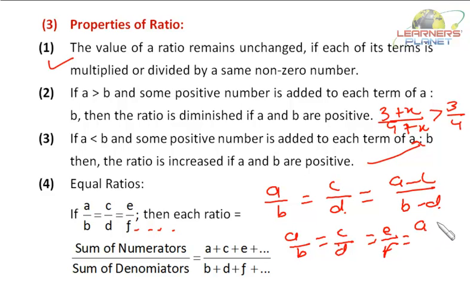So suppose it is A plus C minus E, then it will be B plus D minus F. In that case, each ratio, that is A by B or C by D or E by F, will be equal to (A plus C minus E) by (B plus D minus F). But the operation should be the same. Here it is plus, here it is plus, here it is minus, and here it is minus. I hope you are clear.